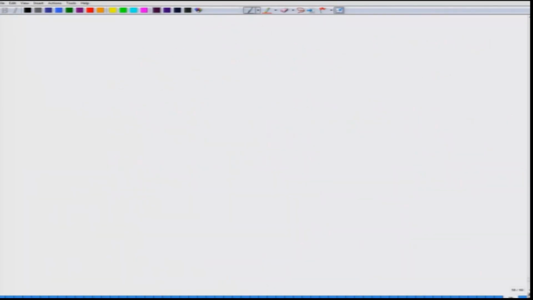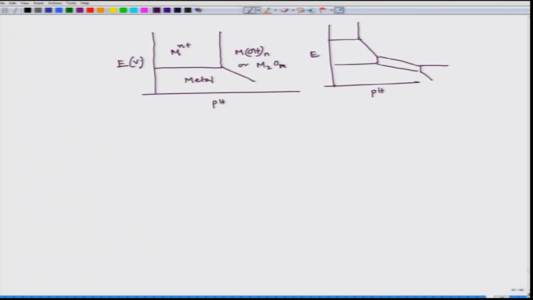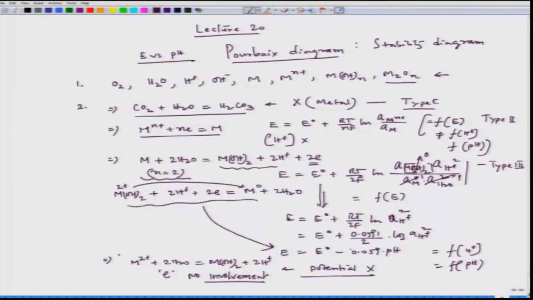These chemical reactions can be expressed in terms of an equilibrium constant, which is nothing but the activity of products: activity of M(OH)2, H plus squared, activity of M2+ and activity of H2O squared.